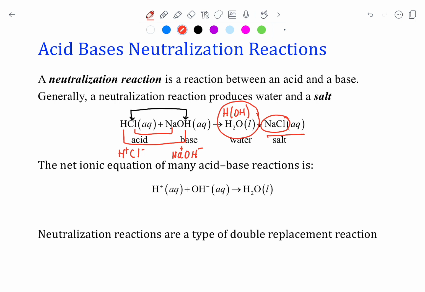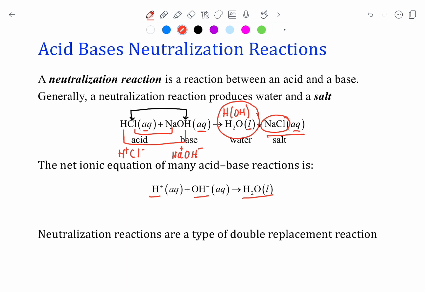So our rule with ionic equations and net ionic equations is whatever has an AQ notation is written as its ions. Water does not have an AQ on it, therefore it would remain as H2O in the ionic equation, similar to how our precipitate stays as a solid. Everything else has AQ, so it's represented as its ions, meaning the net ionic equation would be the formation of the liquid water, H plus, OH minus, creating H2O liquid.